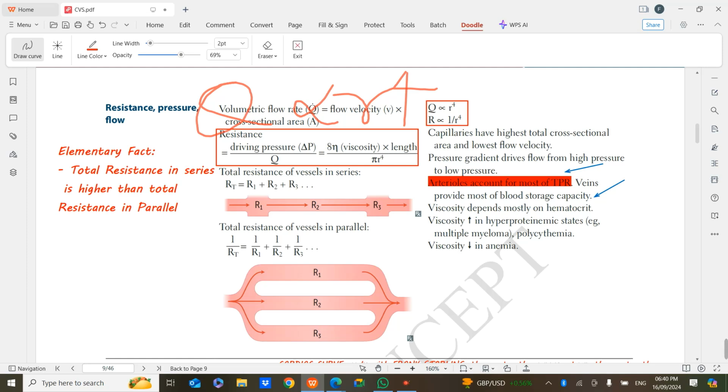They will say the radius is R, or they give you the diameter of it. They will now tell you in that question that the diameter is double. A drug is given that makes the diameter double. What do you think will happen to the flow?